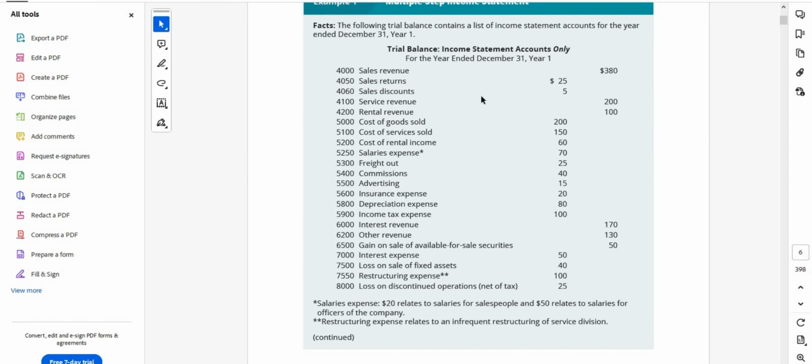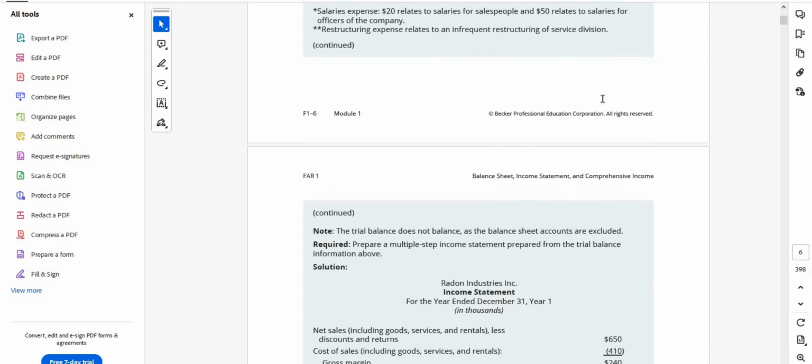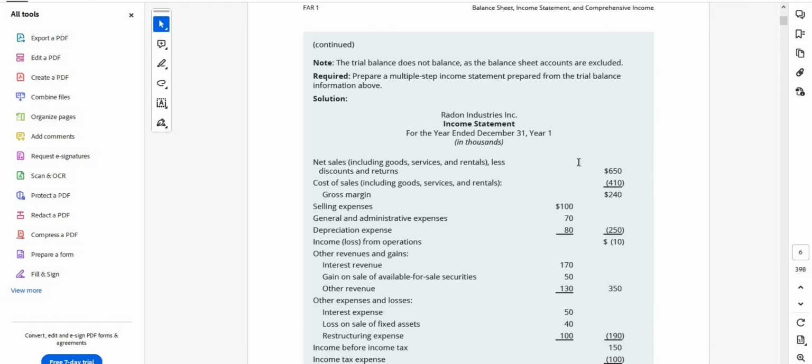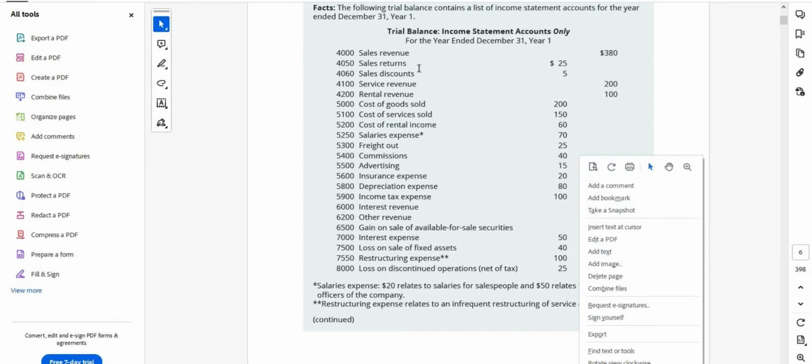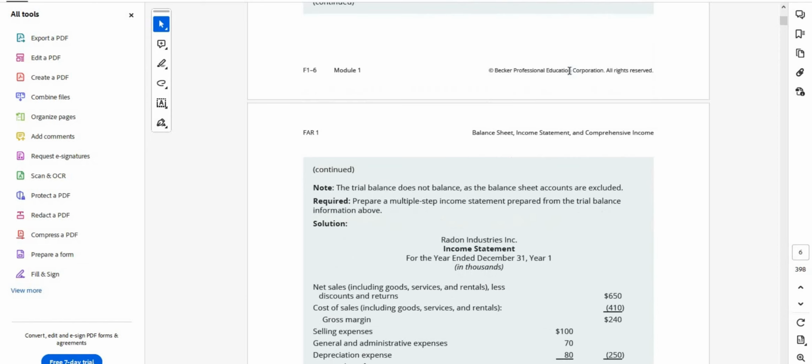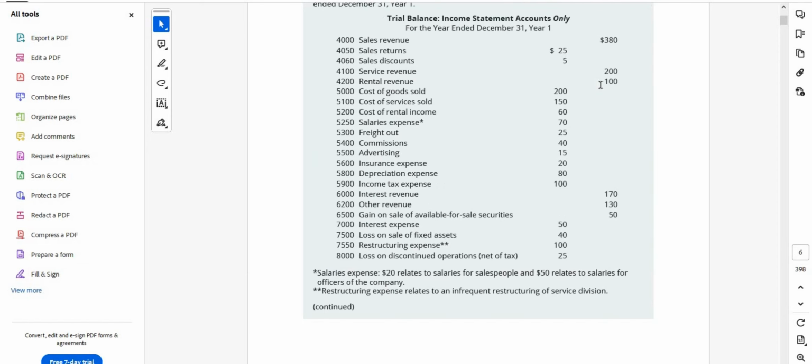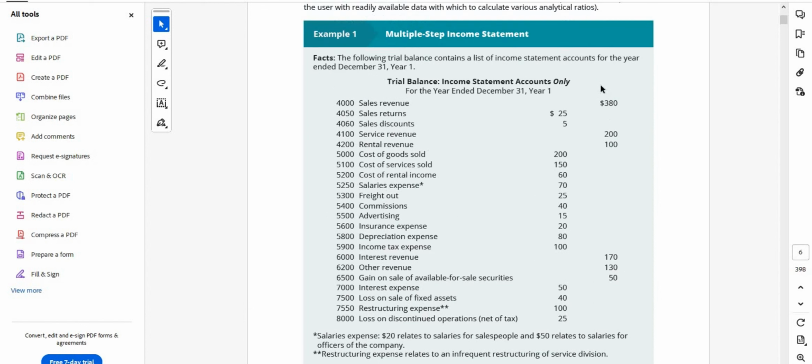The operating items are sales revenue, rental revenue, and service revenue. They have written them separately. Net of sales return and sales discount means sales revenue 380 less 25 less 5, which comes to 350.